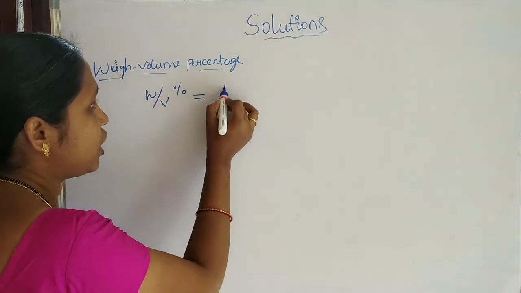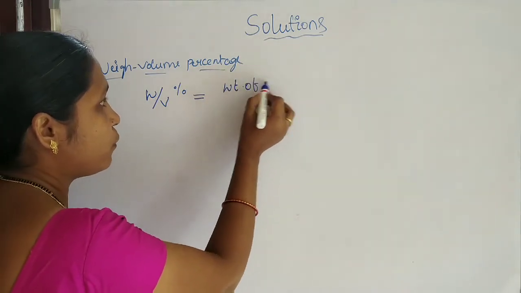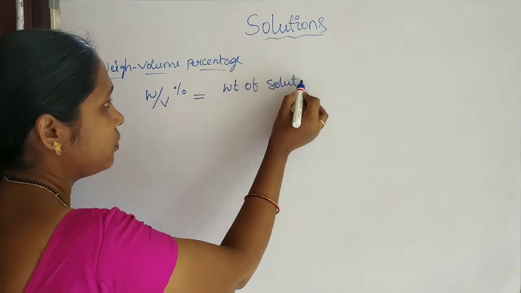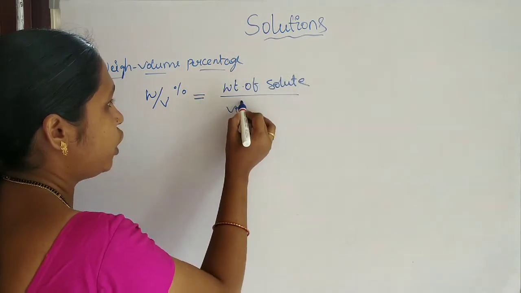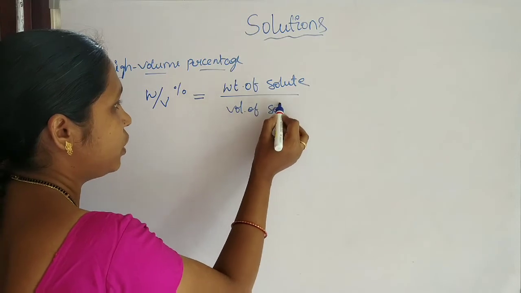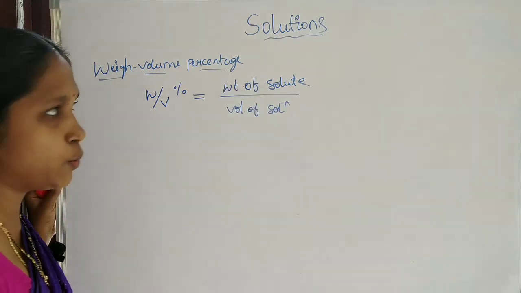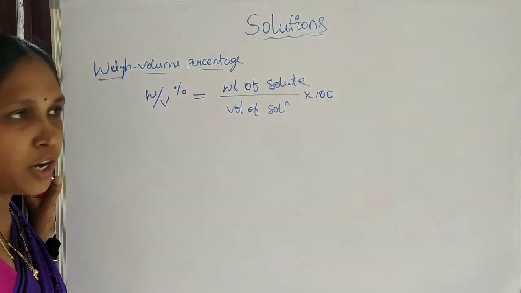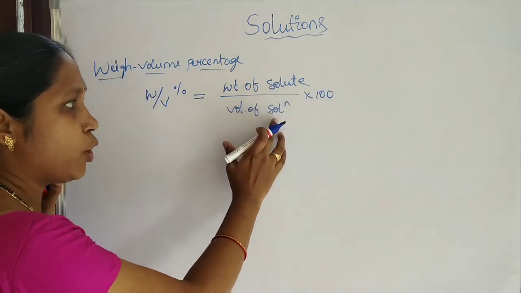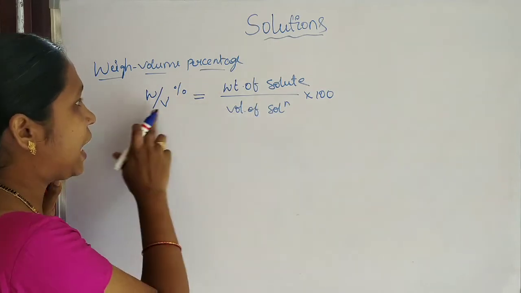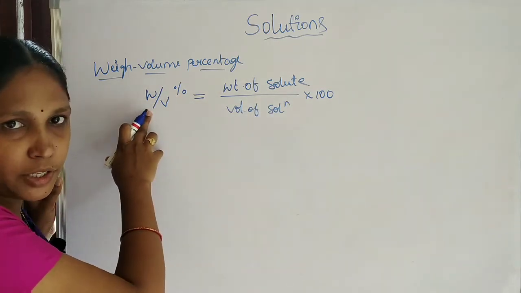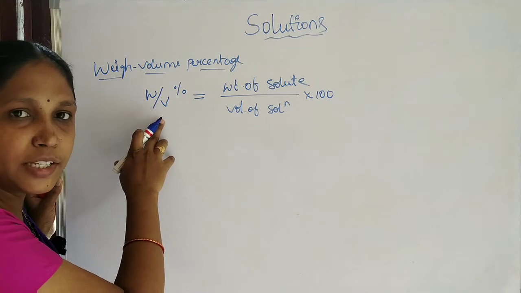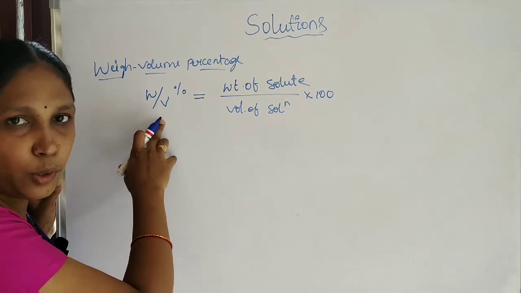It is the ratio of the weight of solute and the volume of solution, into 100. If you know the weight of a solute and the volume of a solution, you can calculate the weight by volume percentage, meaning the concentration of a solution.